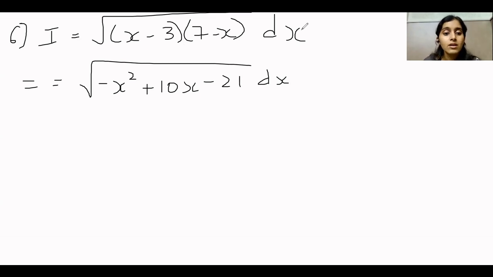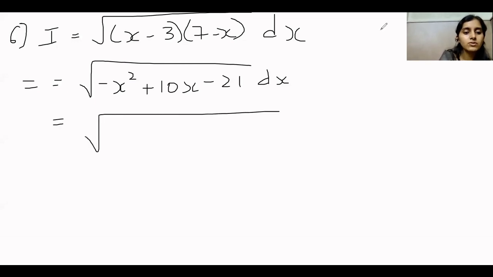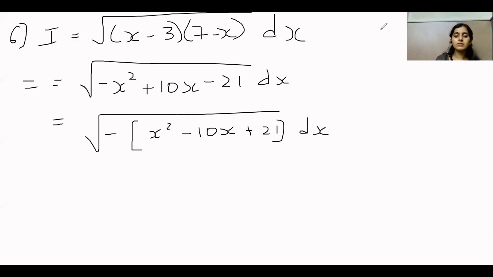So again, if you remember, how do we solve quadratics? We use the completing the squares method. So when we use completing the squares, this can be written as under root of, we'll take minus sign common. We have x square minus 10x plus 21 dx. How do you do completing the squares?